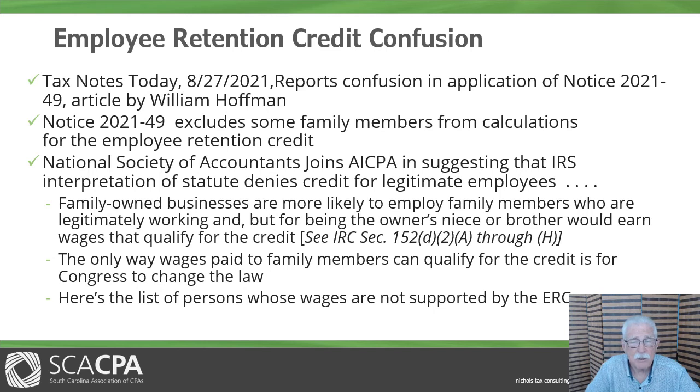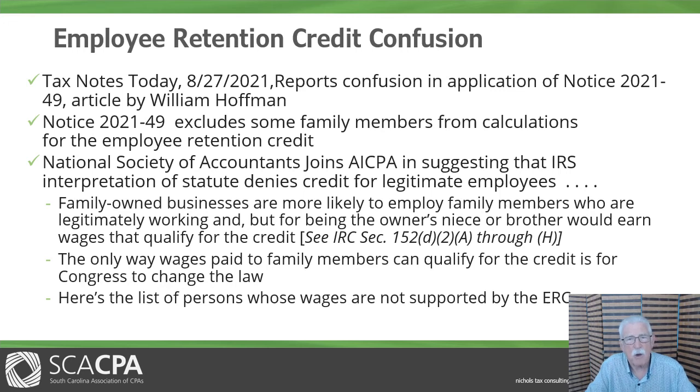The employee retention credit, a little bit of confusion here. The IRS has grabbed a definition of related party for persons whose wages are not eligible for the employee retention credit, but the definition they grabbed was so complete and so all-encompassing that it forms a burden for owner-managed, family-managed small businesses.